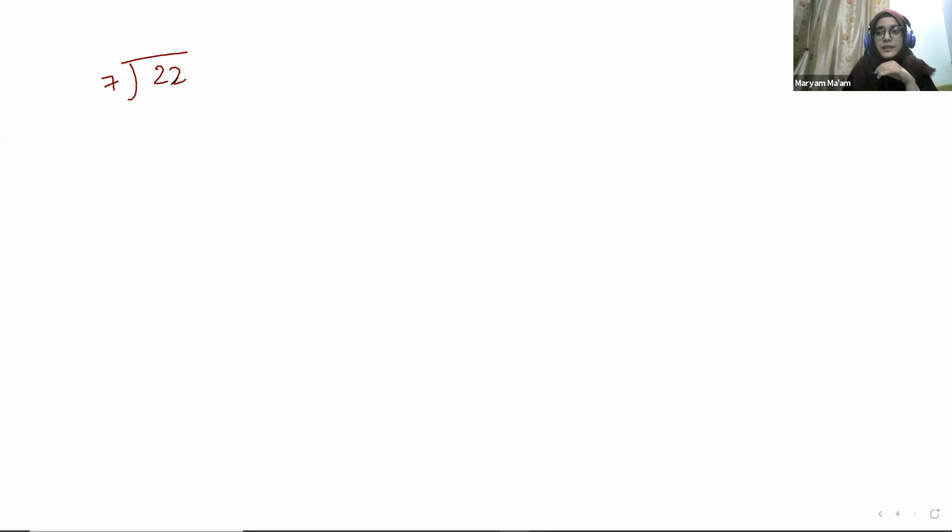Very good. So you will realize that once you divide this, in the quotient you will have 3.142857, and so on. This part, 142857, will keep repeating.